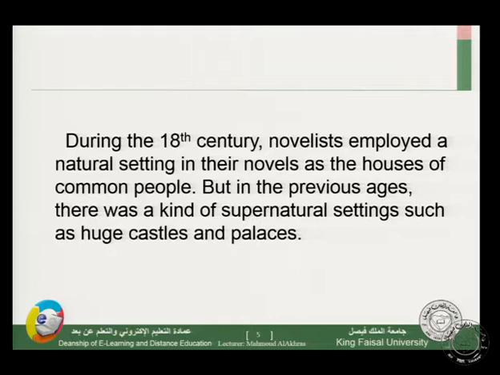Again, we have a difference between the 18th century setting and the previous age setting, focusing on literature, of course. So in novels, we have a natural setting, not like the setting in the previous ages. It was supernatural.